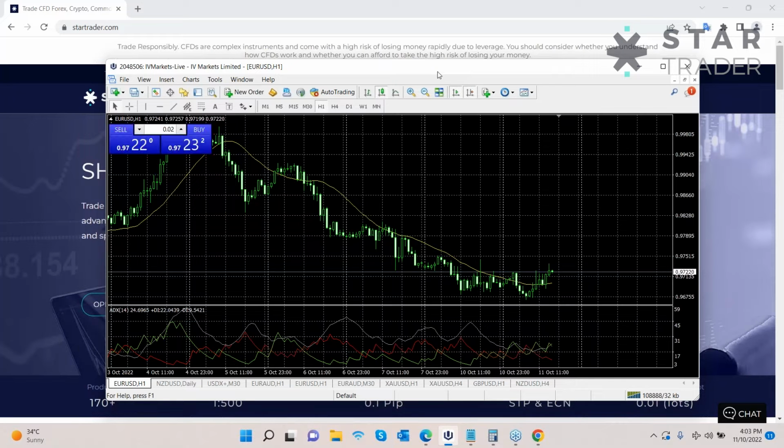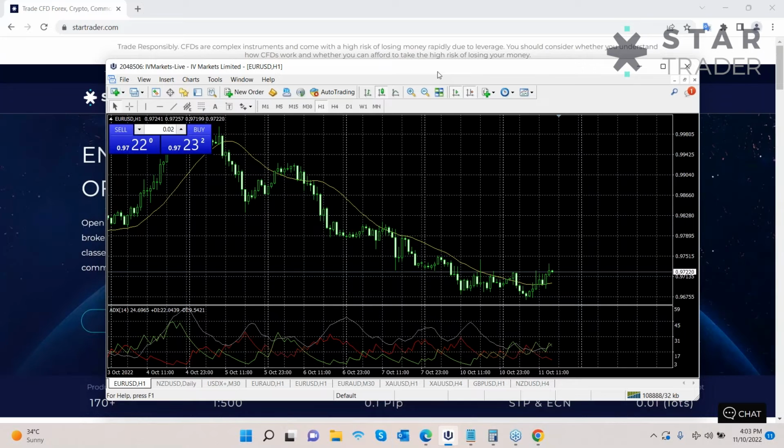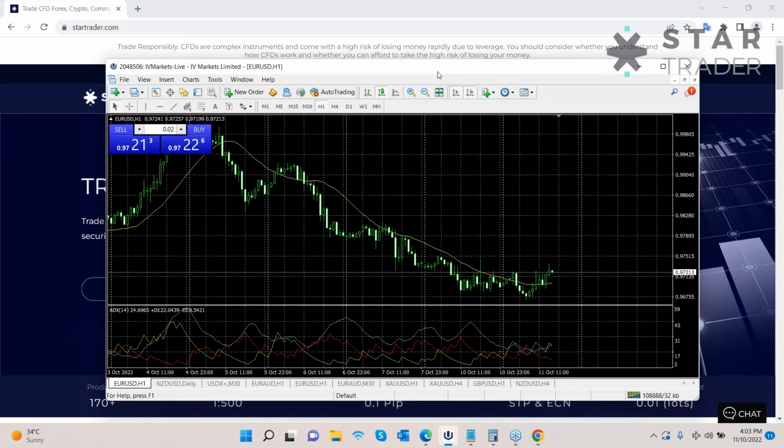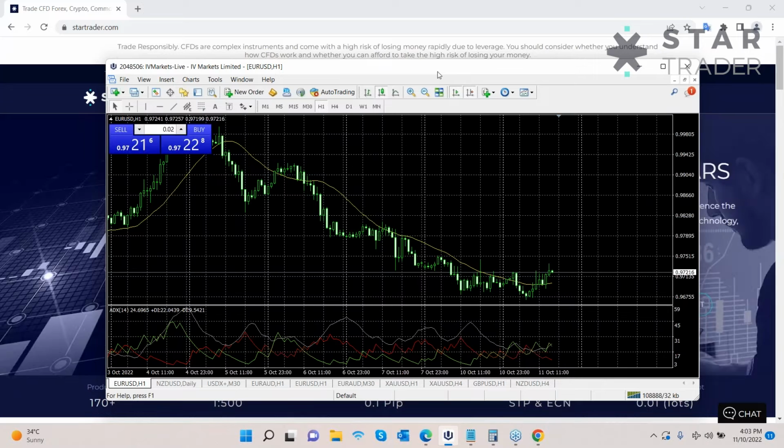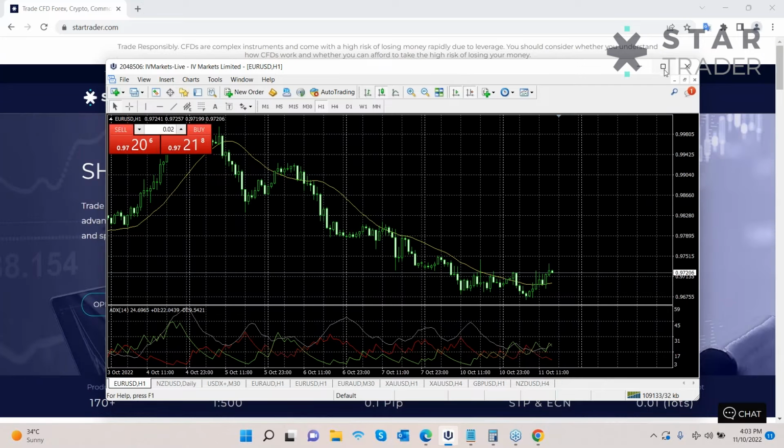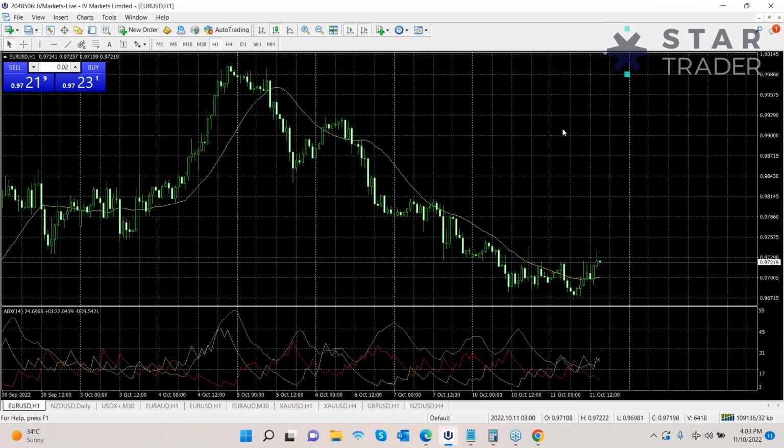Whenever you reopen MetaTrader 4, all your drawn charts and the predictions of the markets will stay there.